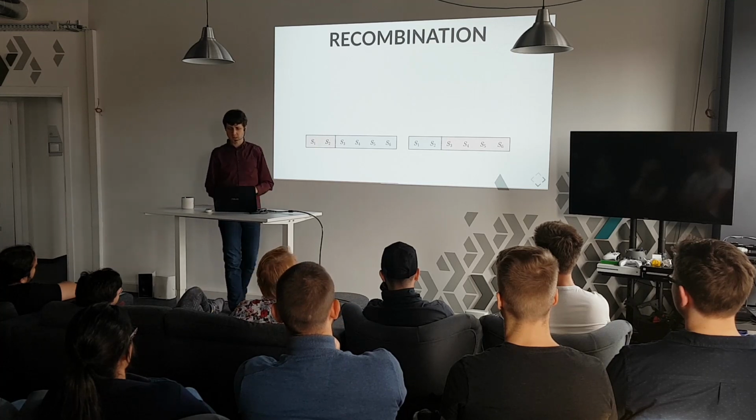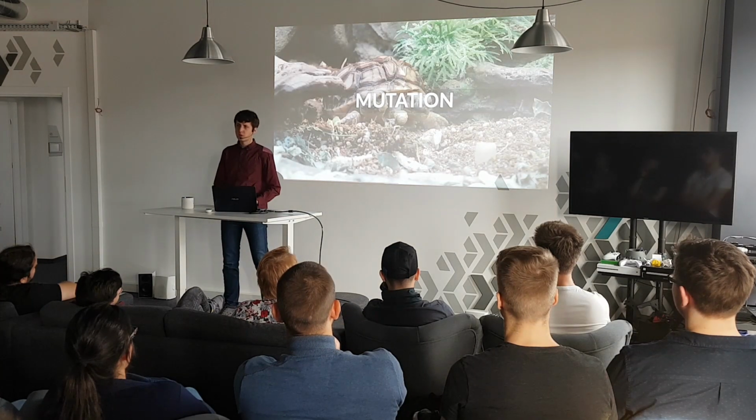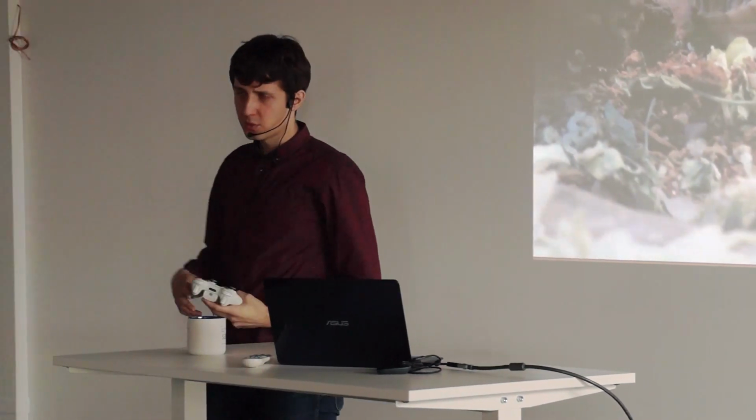After we have done that, we can proceed to the mutation step. This is another thing that is modeled after nature. When the DNA is being copied, when the organisms are being created, there are sometimes errors introduced in transcription. And this is what this process mimics.